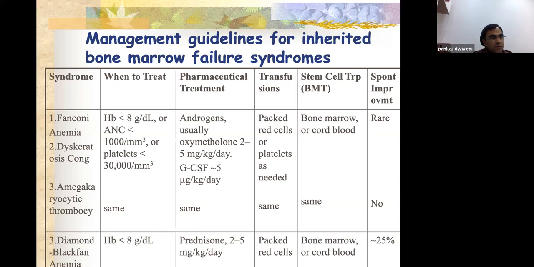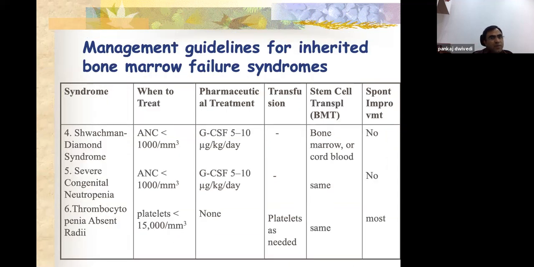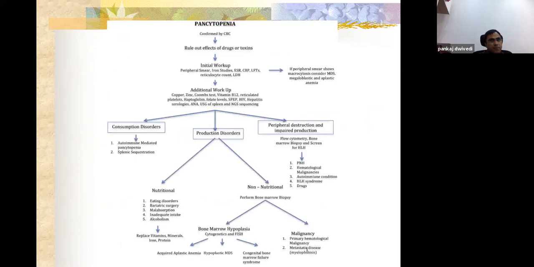Same with Diamond-Blackfan anemia, and Shwachman-Diamond. So all these congenital disorders need bone marrow transplant as therapy, but they should be diagnosed promptly and referred to the transplant center so that they do not receive many blood products, which can cause alloimmunization. So this is our approach to pancytopenia.